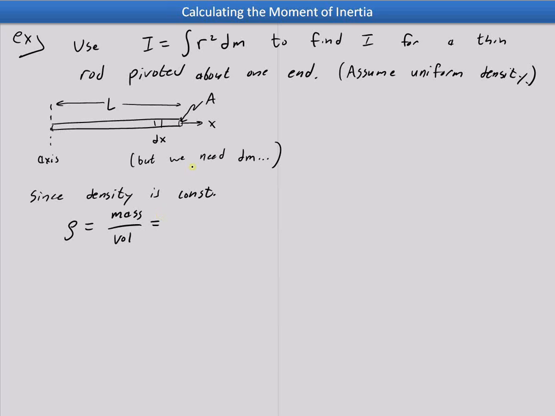Let's say the total mass is m, and then the total volume would be the length times the cross-sectional area. But that's also what I would get if I just take a little piece of it. If I take a little chunk of it that has mass dm and divide it by the volume that little chunk has. And so this little chunk has length dx and cross-sectional area A.